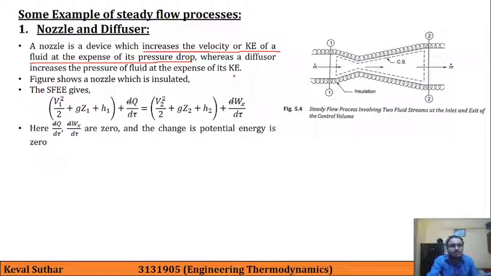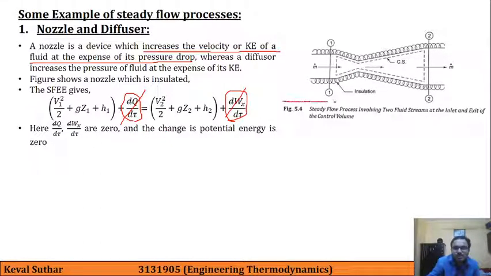and here dQ by dτ, that is this term, is 0 because of insulation, and dWx by dτ is also 0 because there is no work output that we get in a nozzle, as well as the change in potential energy is 0. Now why is this potential energy change 0?